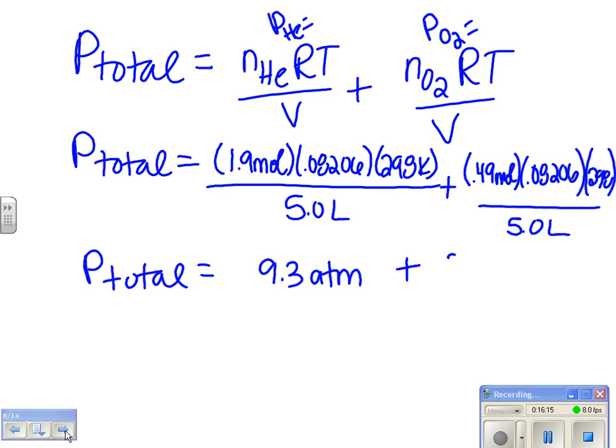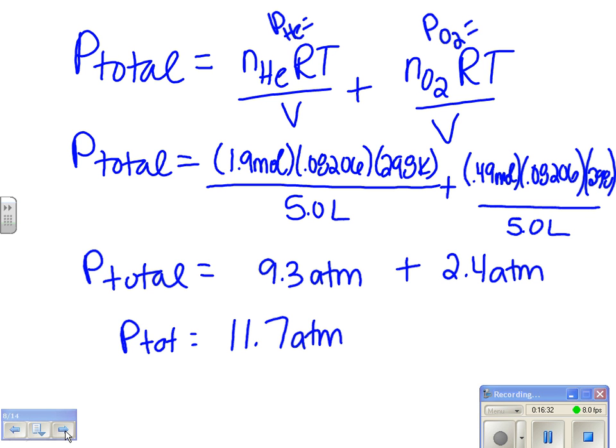Okay, she has very rapidly solved the problem, and there are our two partial pressures. So you have the answer, partial pressure for helium, partial pressure for oxygen. Add them together, and you have the total pressure, P total or P tot, as 11.7 atm. And just a good reminder note here, this significant figure rule is different than this significant figure rule.